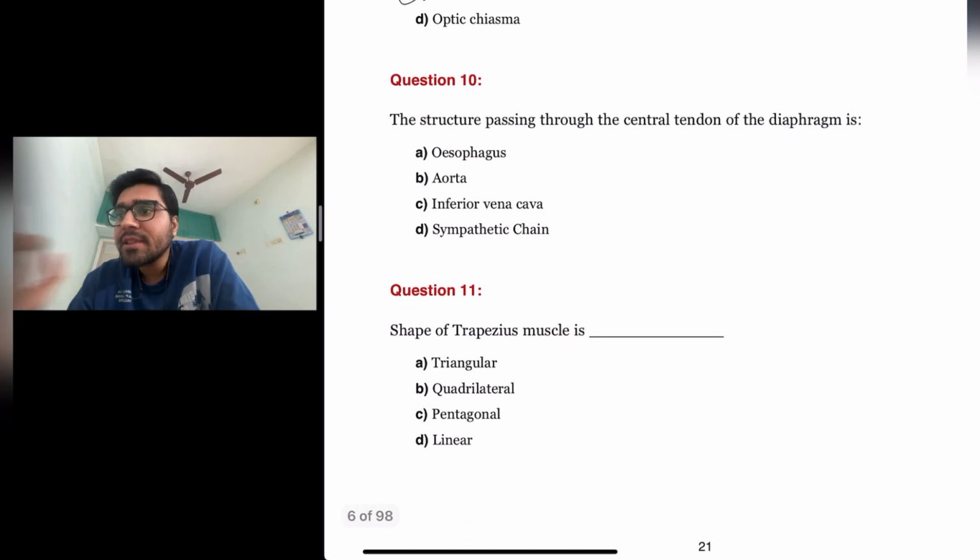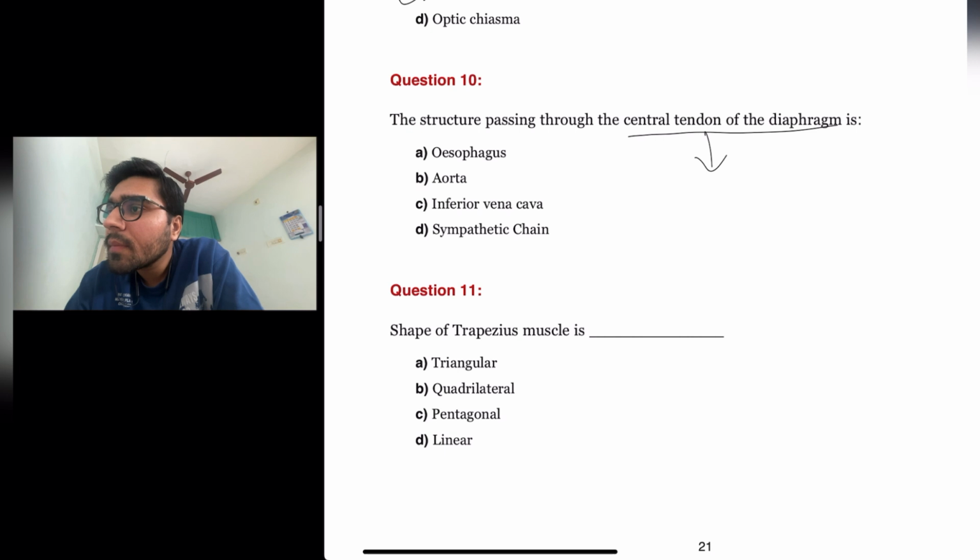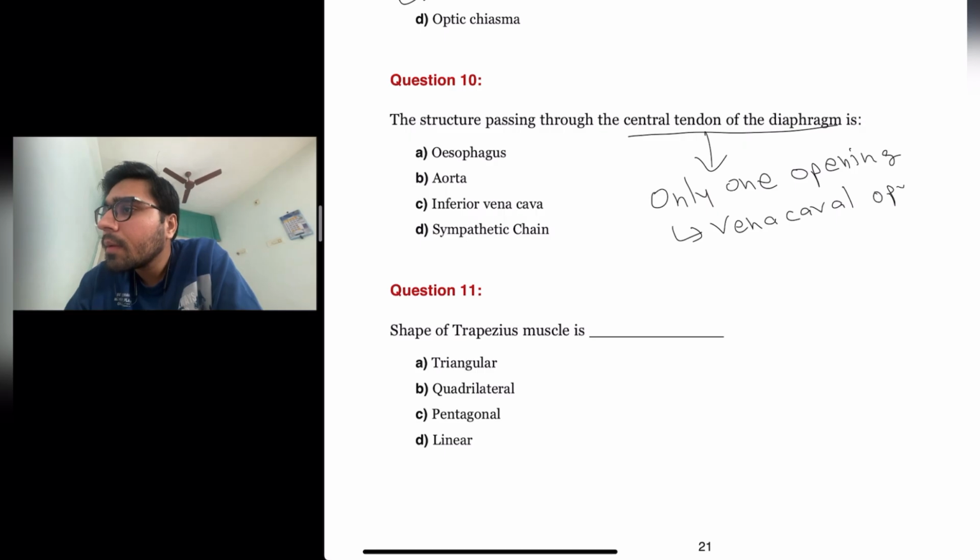The structure passing through the central tendon of diaphragm. So the thing is, the central tendon of diaphragm has only one opening, that is the vena cava opening.